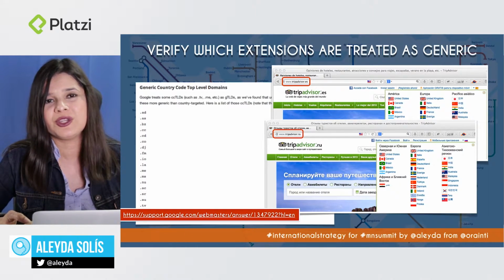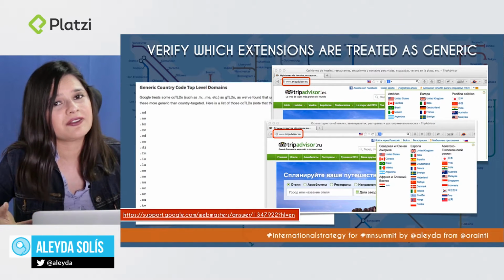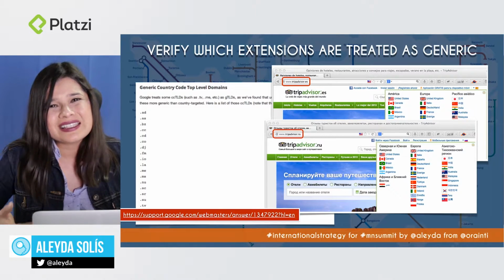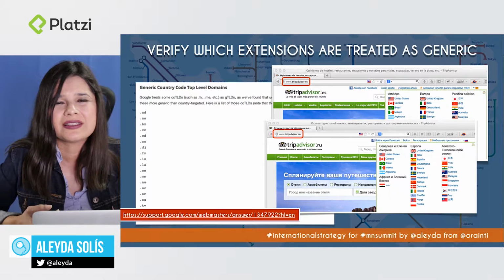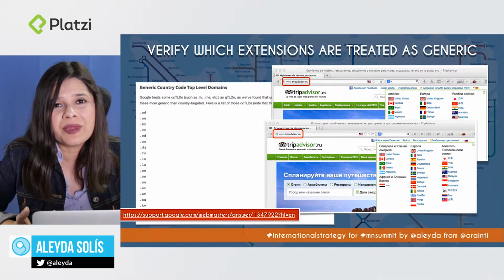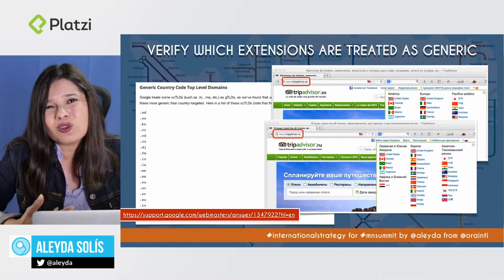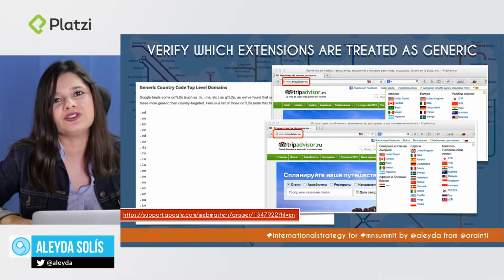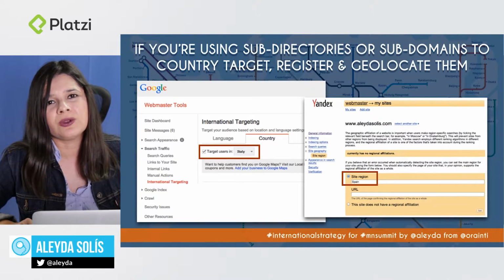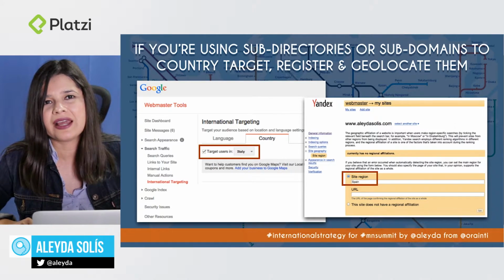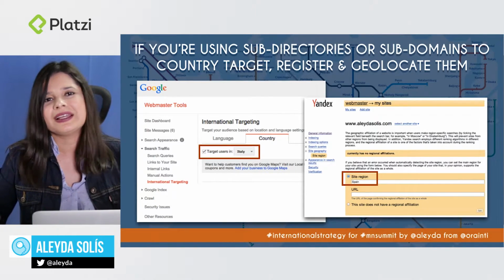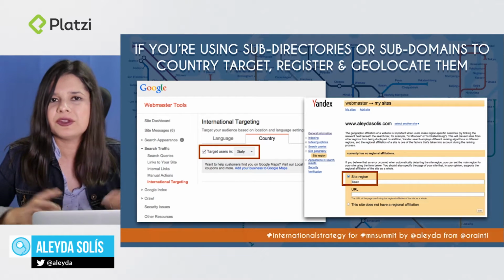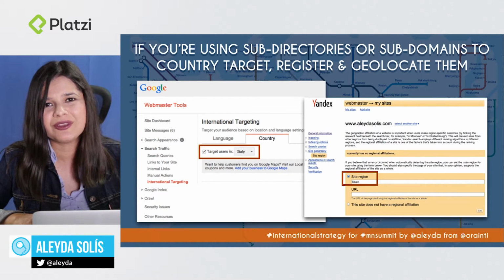For example, .co, that is the extension of Colombia, but since this extension is also very well used by companies as their generic domains, Google doesn't automatically geolocate them. So you will need to take the extra step to geolocate them, as I am showing right now on the screen with Google Search Console or Webmaster Tools. That's a little extra step, but you know that it is viable to do it.